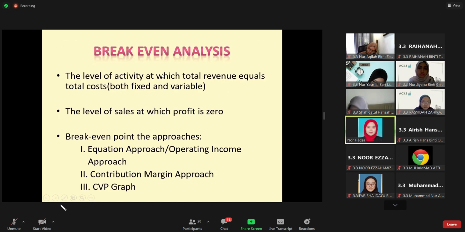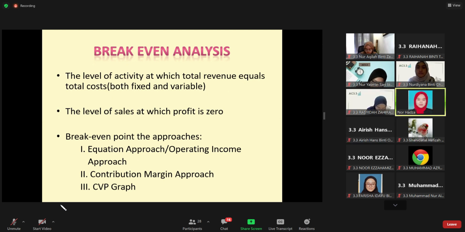In the break-even analysis, it is the level of activity at which total revenue will equal total cost. The total cost mentioned here consists of both fixed and variable costs. So total cost, consisting of fixed and variable cost, is equal to the sales revenue.